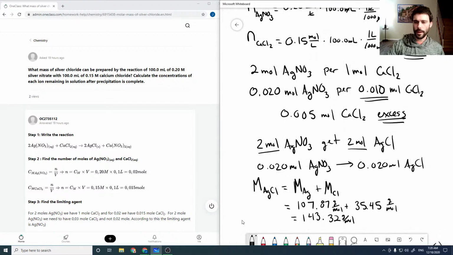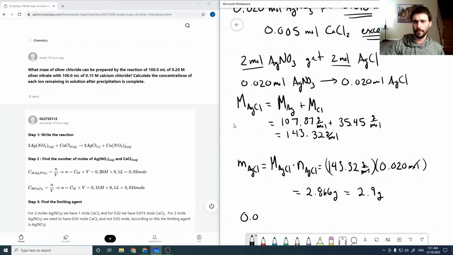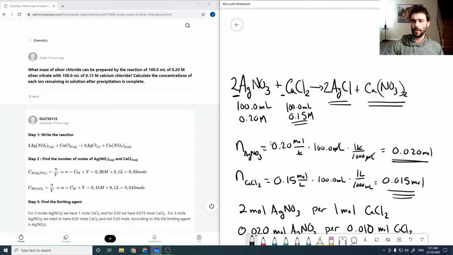So we know we have excess 0.005 moles of calcium chloride from excess, and also from looking at our equation, for every 2 moles of silver nitrate we form a mole of calcium nitrate.